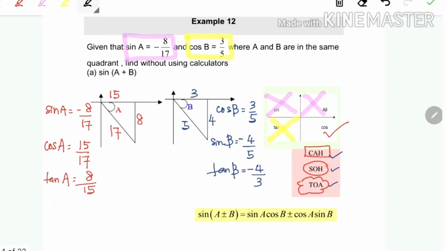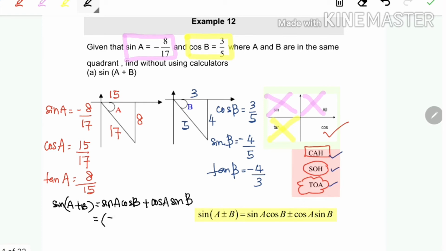What is sine A plus B? Sine A plus B is sine A cos B plus cos A sine B. Let's substitute all the items.